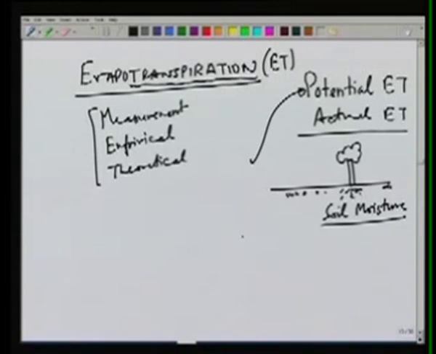So in a soil we have looked at the terms field capacity, and there is another term related to the type of vegetation which we call permanent wilting point.